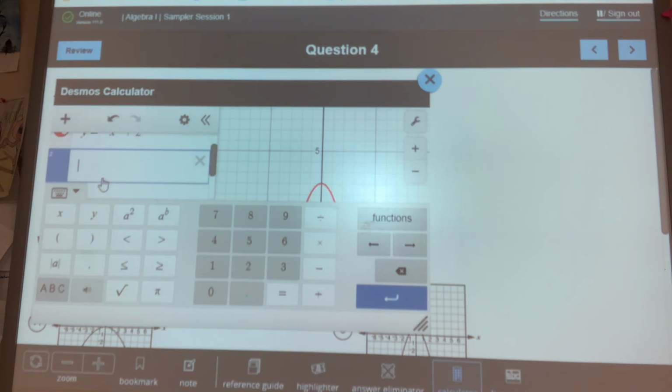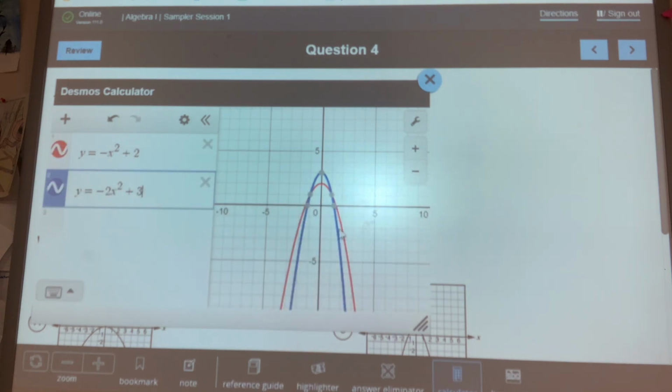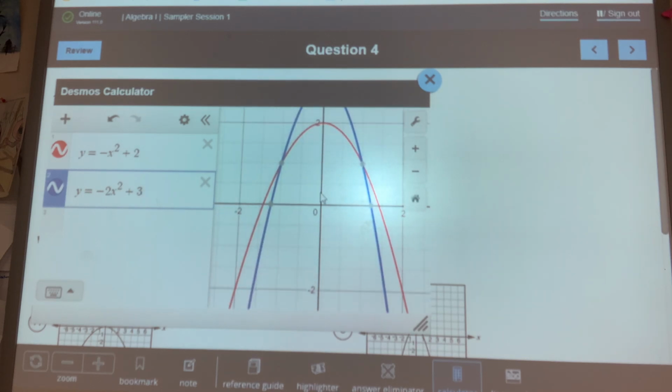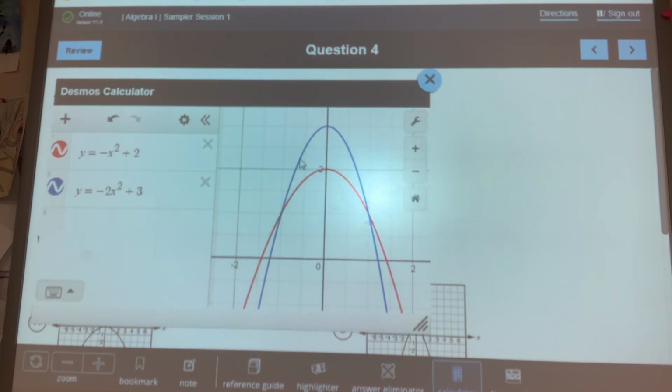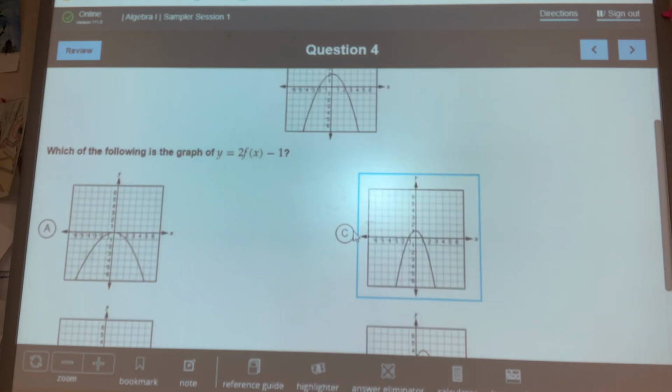And then I could have done y equals negative 2x squared plus 3. And if I look at the graph here, I know this is my original one. And then this is my new one. So it goes up 3 and it's a lot steeper. Okay, so there you go. Question number 4 is B.